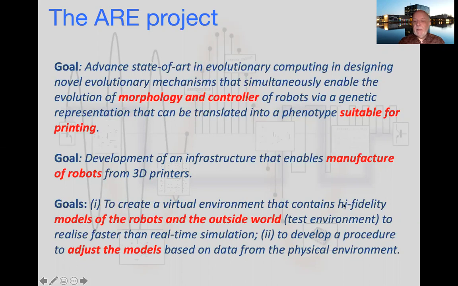So as it says here, it will contain high fidelity models of the robots and the environment and the outside world. And there's a very famous phrase in robotics called the reality gap. What that really means is you do something in simulation, you think you've got a model of the robot and the world.